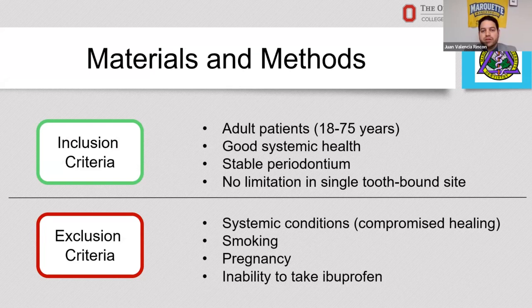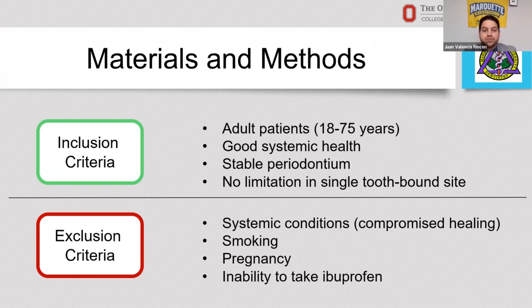Going into the materials and methods. In our inclusion criteria, we had adult patients from 18 to 75 years old in good systemic health with a stable periodontium, and not really any limitations in terms of where we were placing the implants, but it needed to be a single tooth-bound site.